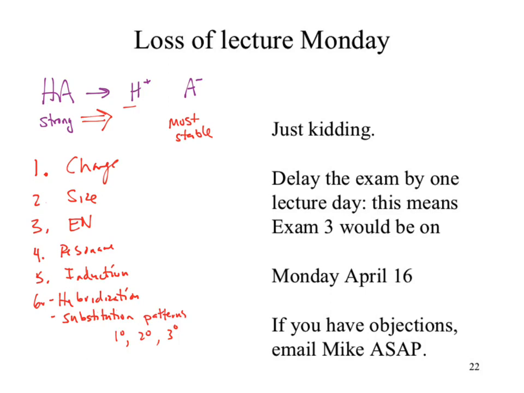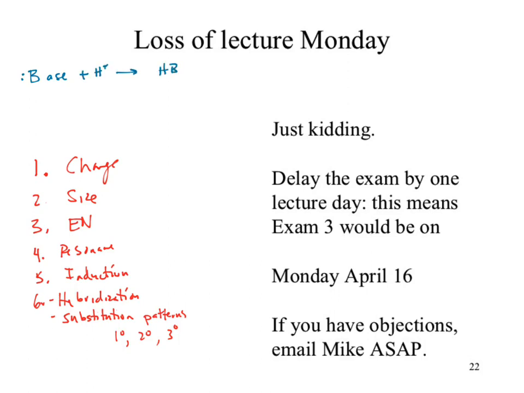What happens if instead of asking about acid strength, I switch it up and say, I want to know the strongest base? Well, how does that change the question? The base needs to accept a hydrogen to then become HB.